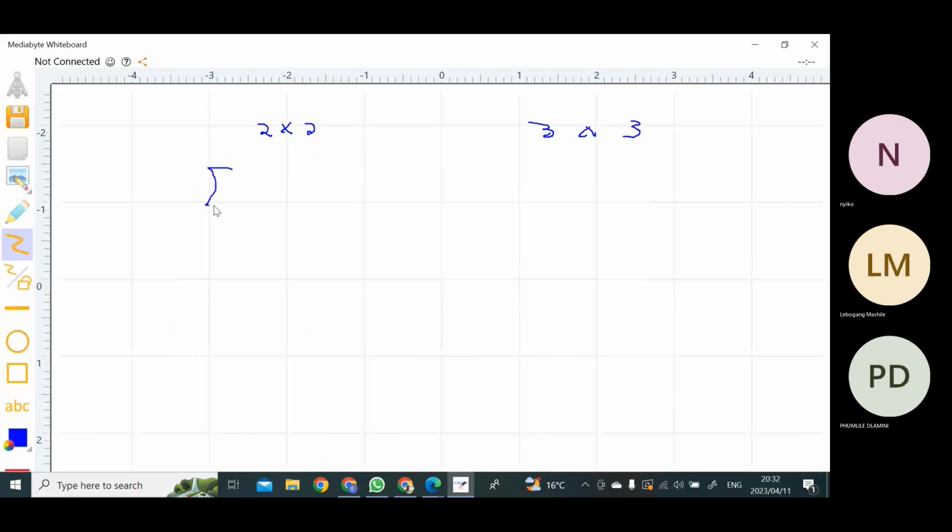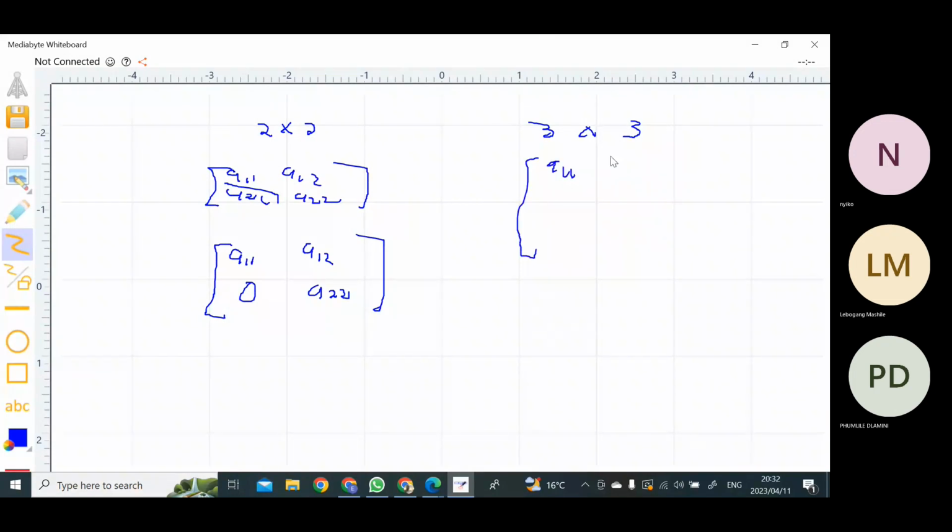If I have a 2 by 2 matrix, I can have A11, A12, A21, and A22. In this matrix, if I have to solve it, I must make sure that this side I achieve 0. So I must have this kind of form so that I can get these values.